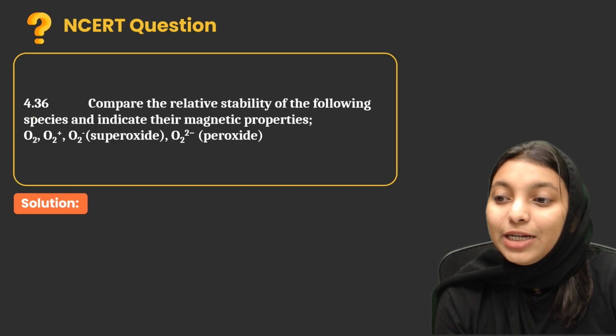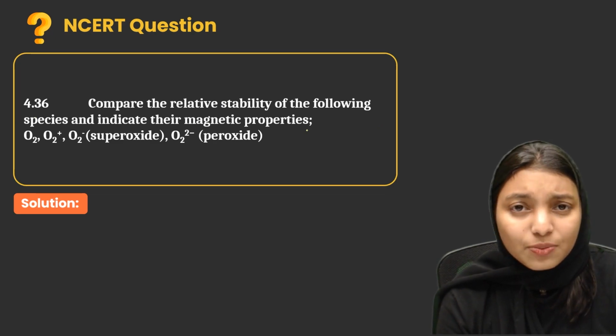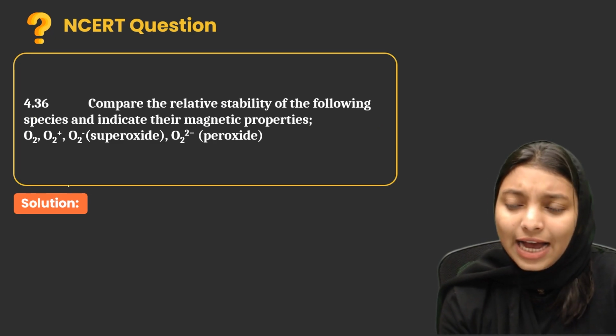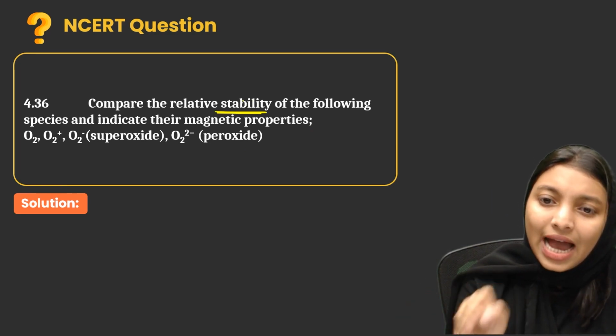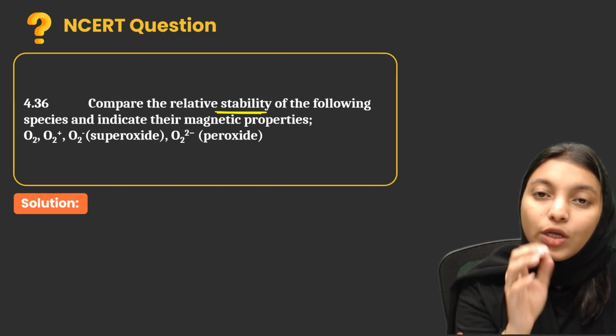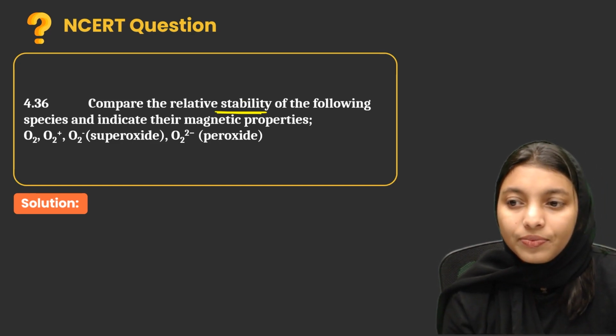Compare the relative stability of the following species and indicate their magnetic properties. So actually we have to find the bond order. That's how we can say the stability and magnetic property. We have to write the molecular orbital electronic configuration. Simple.